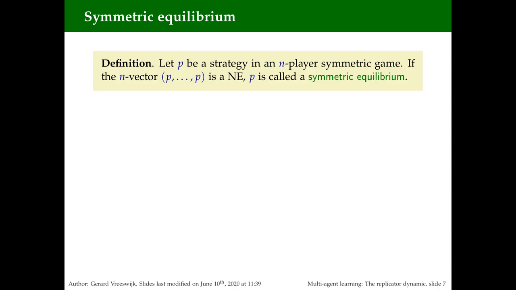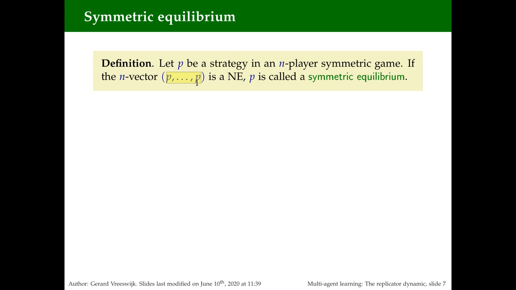So, if you have a strategy of an n-player symmetric game, so a symmetric game in which n, lowercase n, players participate, then if P is a strategy, so a probability distribution among a finite number of actions, then the n-vector, because you have n players, is a Nash equilibrium.